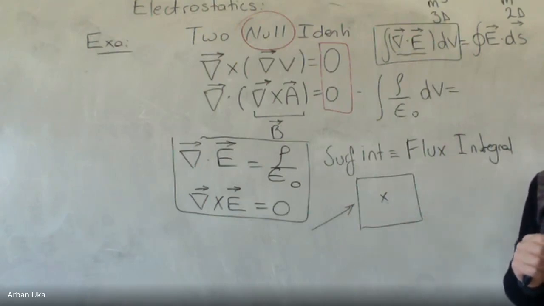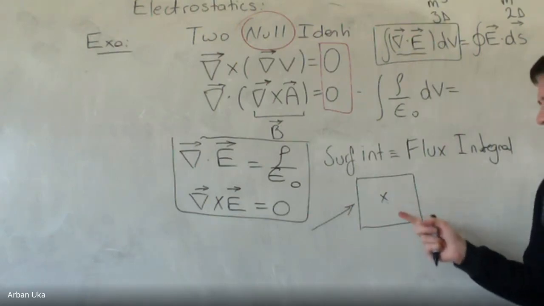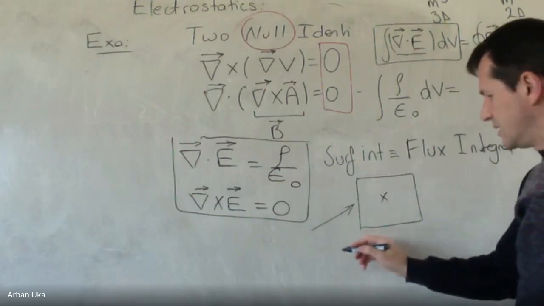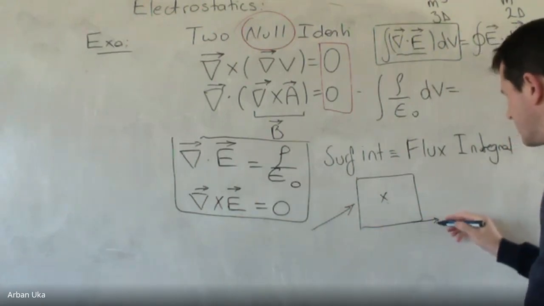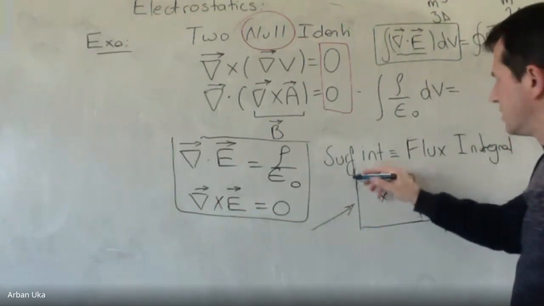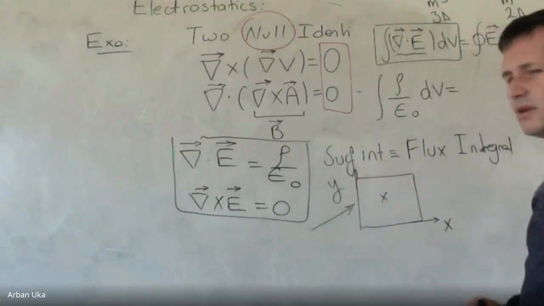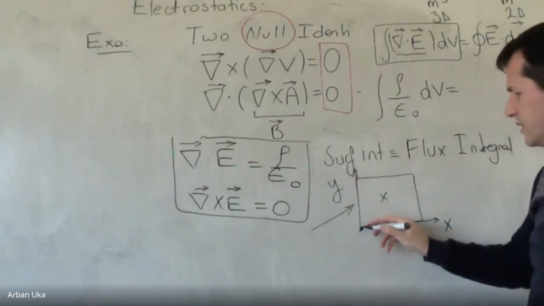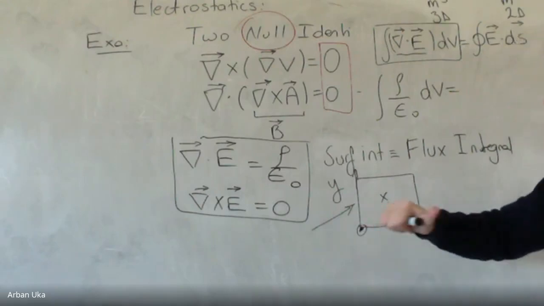We also know that the surface areas of interest are defined by a normal vector to that surface. So in this case, if this is the x-axis and this is the y-axis, then using the right-hand rule, the z-axis is going to be out of the board.